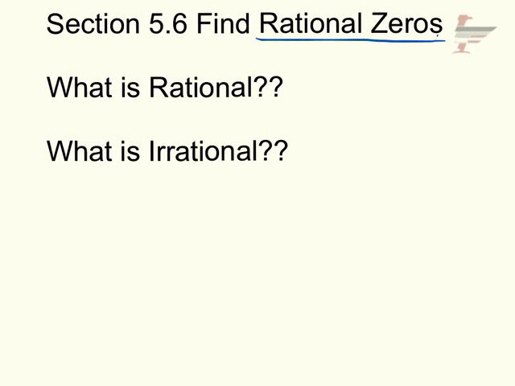Rational numbers would be anything that can be written as a fraction. So, for example, 3/2 or 1.5, that's a rational number. 2/3, which is 0.66666 repeating, of course, that's rational. 4 is rational. It can be negative numbers, of course, like -7/10.